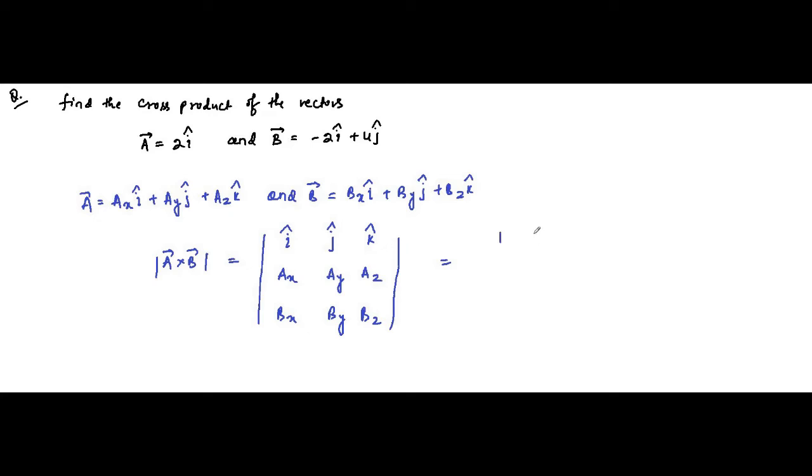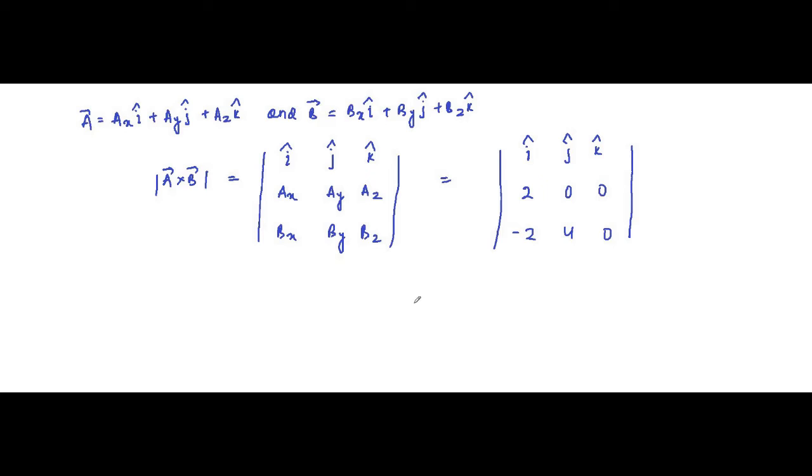So here, substituting the values i cap, j cap, k cap for A vector, it's 2, 0, 0, y and z components are 0, only x component is there. For B vector it is minus 2, 4 and 0, this. So we have to evaluate the determinant, which is equal to i cap into 0 minus 0, 0 into 0 minus 4 into 0, which is 0 minus 0, minus j cap in 2 into 0 minus minus 2 into 0, which is 0 minus 0 again, plus k cap 2 into 4 minus minus 2 into 0, which is 8 minus 0.